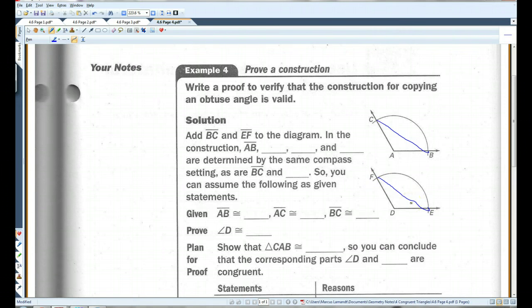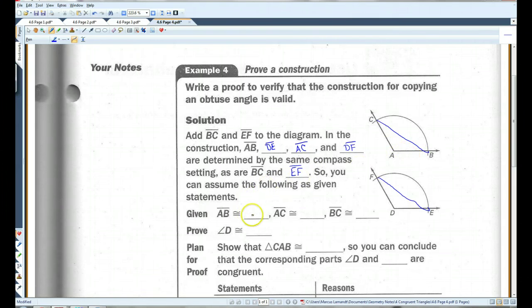Alright, so in the construction, AB, DE, AC, and DF are determined by the same compass setting, as are BC and EF. So you can assume the following statements.